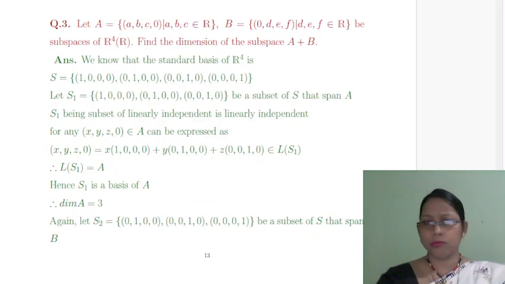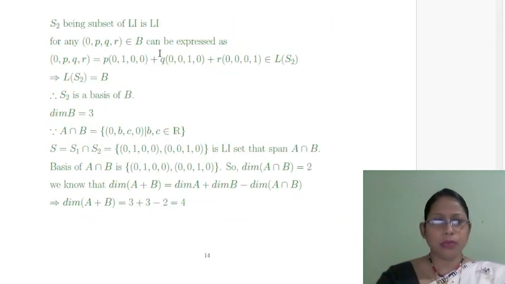Any element 0, p, q, r in B can be expressed in terms of the vectors of S2: 0, p, q, r is equal to p times 0, 1, 0, 0 plus q times 0, 0, 1, 0 plus r times 0, 0, 0, 1, which belongs to the linear span of the elements of S2. This implies the linear span of S2 is equal to B. That means S2 is a basis of B. Therefore, the dimension of B equals 3.